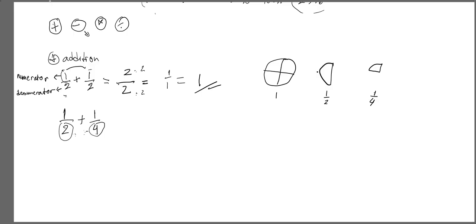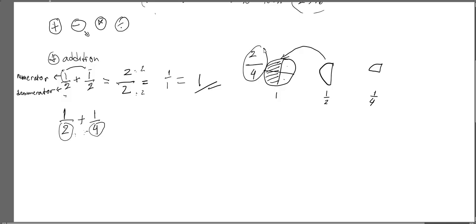So you see that a half equals this, which has two from four pieces. Two, one, two, three, four. Two pieces of four pieces of cake.